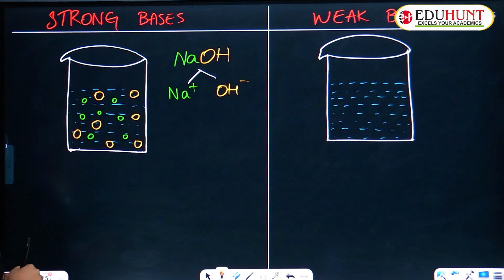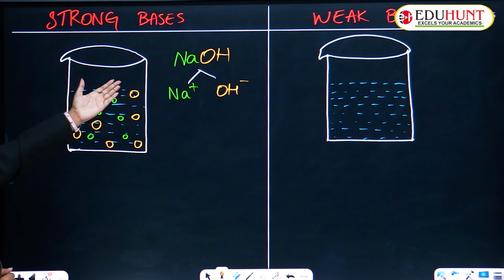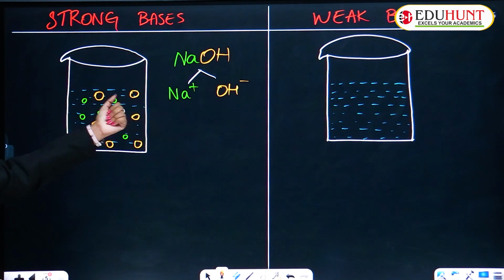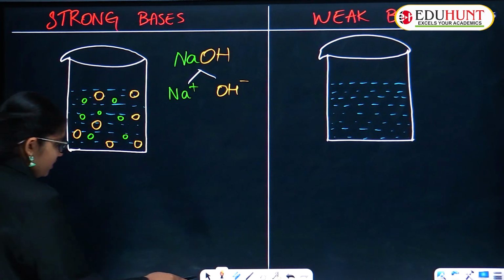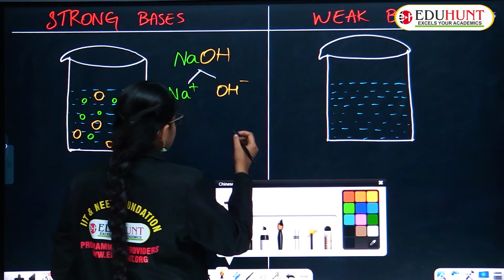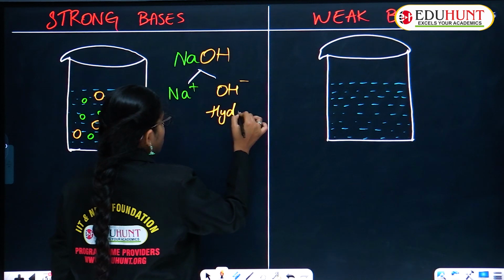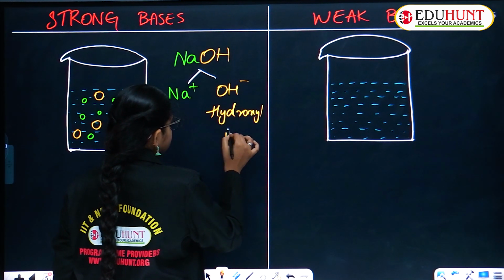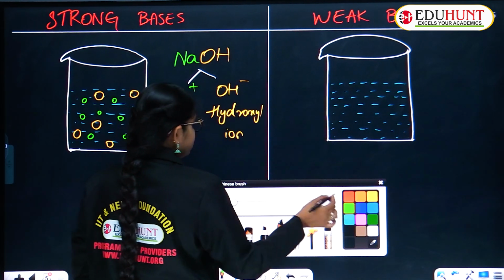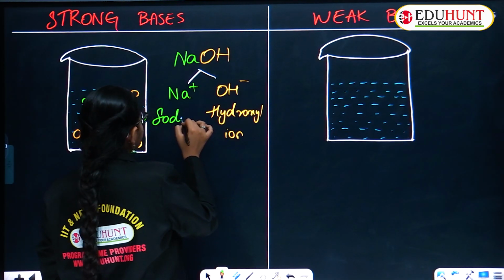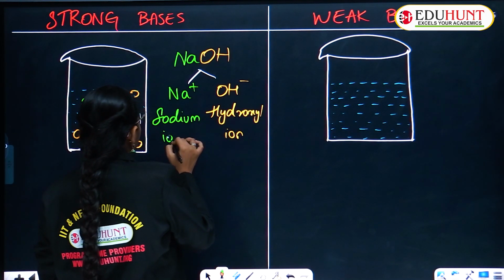We can write NaOH into Na plus and OH minus ions. This is the hydroxyl ion, and this is the sodium ion.